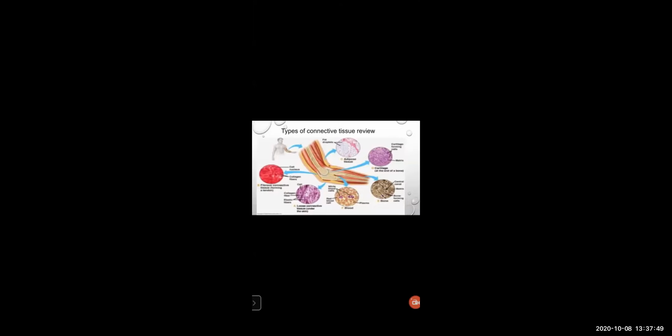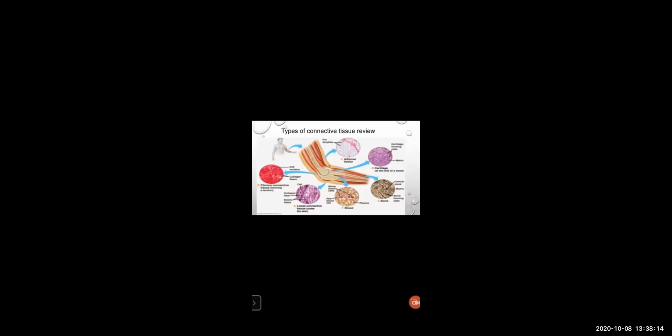Blood helps us in transporting the nutrients to all the parts of the body, transporting oxygen to all the parts of the body, transporting different hormones and even enzymes to different parts of the body, and removing the waste from different parts of the body.